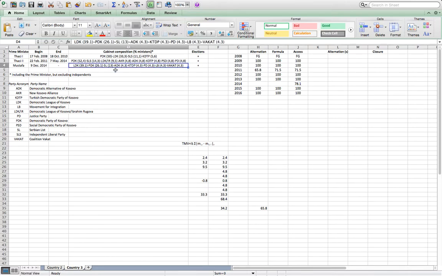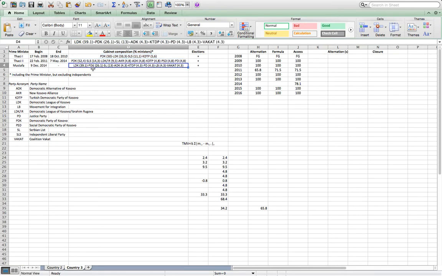And now we have to look at the percentage of ministers of the parties that were in government before together. Okay? So LDK, PDK, and KTDP were in government together before, 3 parties in 2008.